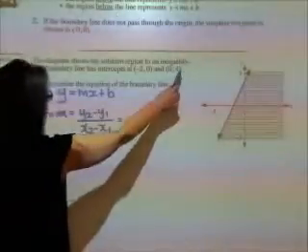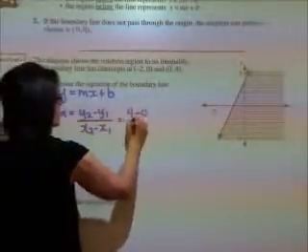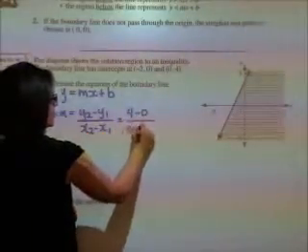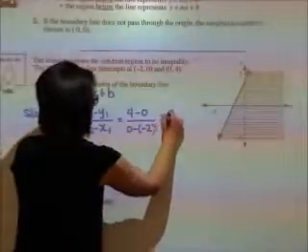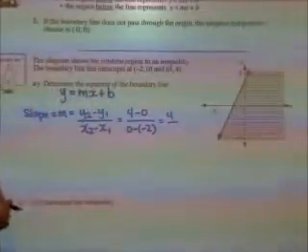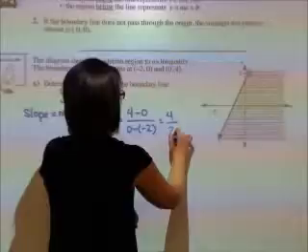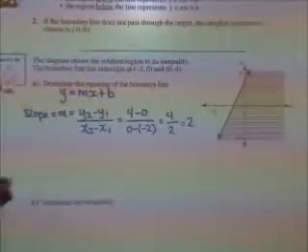So if I started with this point as my y2, I'd get 4 minus 0, and on the bottom, 0 minus -2. So 4 minus 0 is 4. What's 0 minus -2? 2. And what's 4 divided by 2? 2. So my slope is 2.